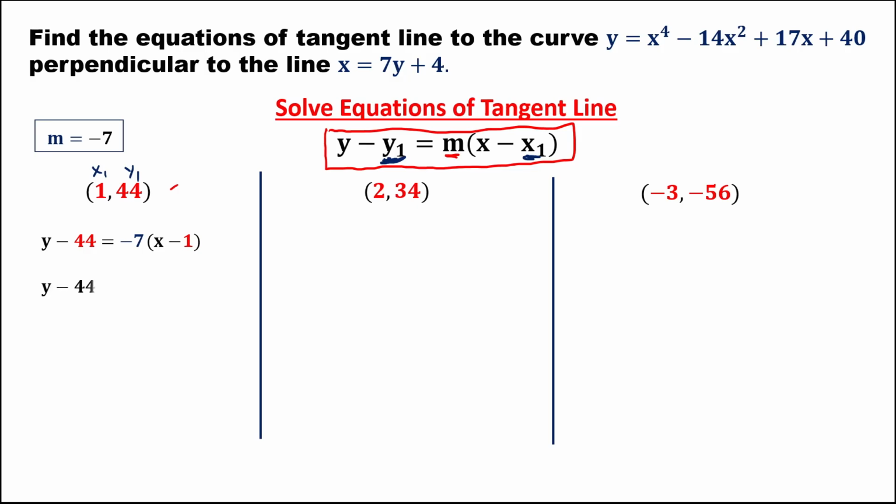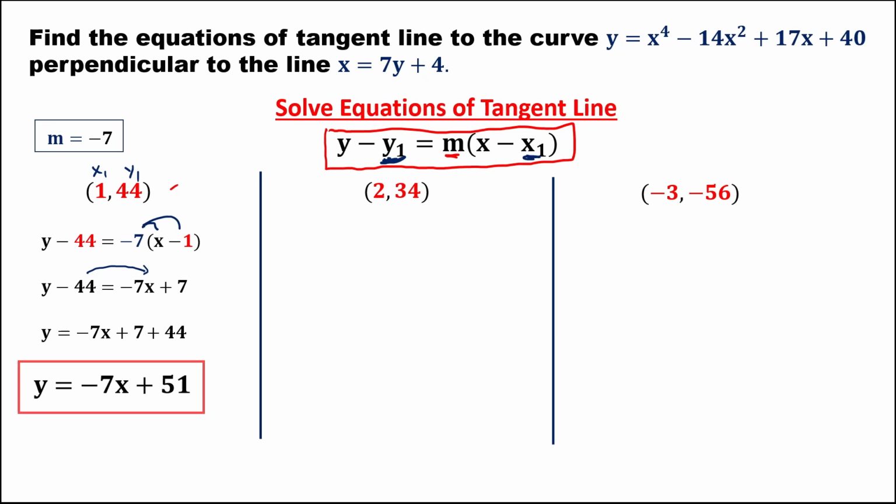To simplify, this becomes negative 7x positive 7. Then transpose this negative 44, so this becomes positive 44. So we have y equals negative 7x plus 51. So this is now the first equation of the tangent line.